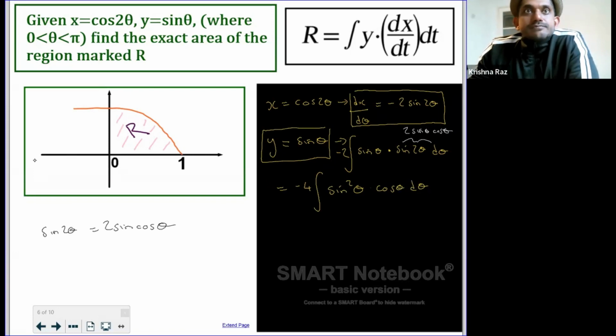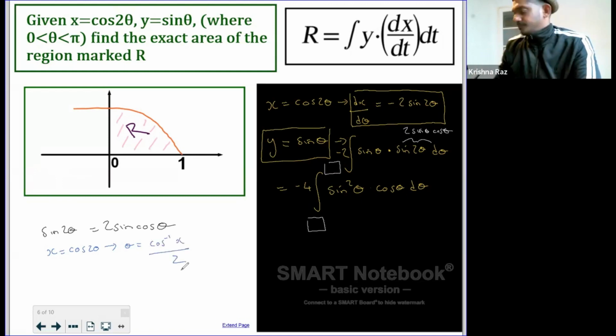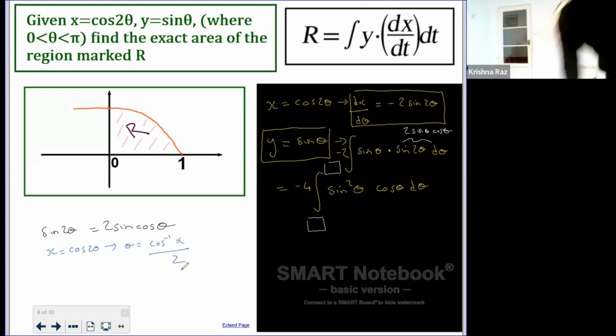I haven't changed the limits. Need to do that. So we have x. If x equals cos 2 theta, it follows that theta will be cos inverse of x divided by 2.